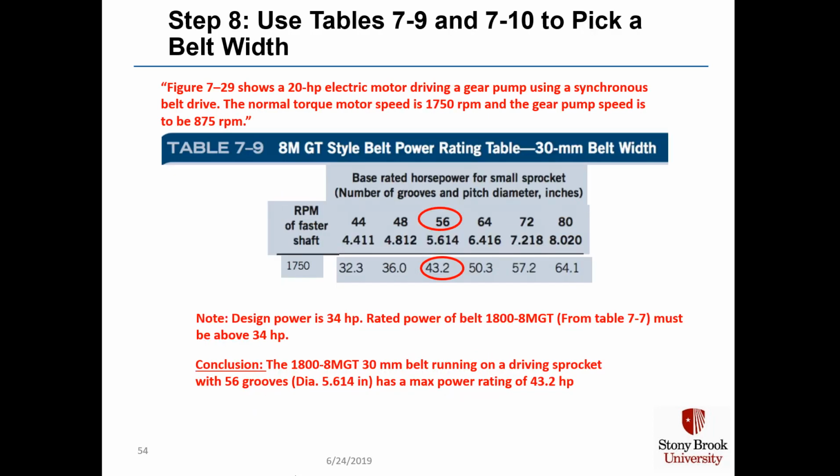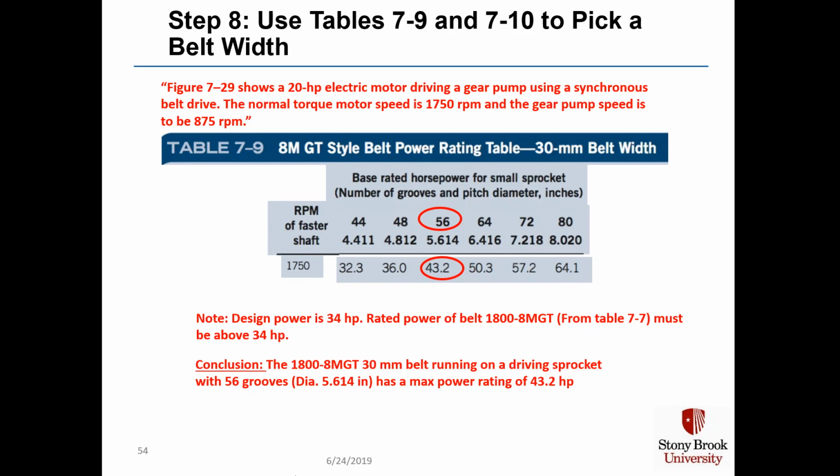We use tables 7-9 and 7-10 to pick a belt width. We have a 20 horsepower electric motor driving a gear pump using a synchronous belt drive, and the normal torque motor speed is 1750 RPM and the gear pump speed is 875.